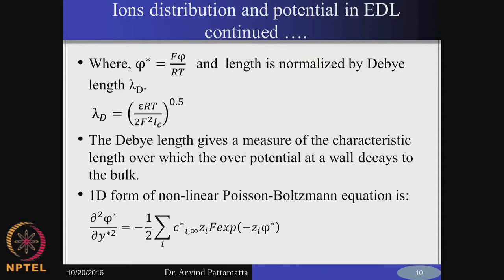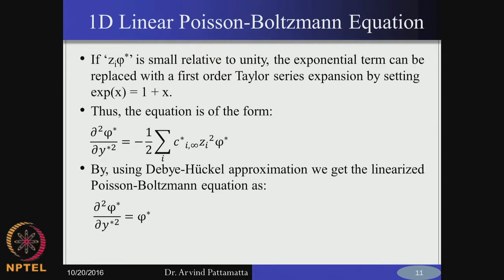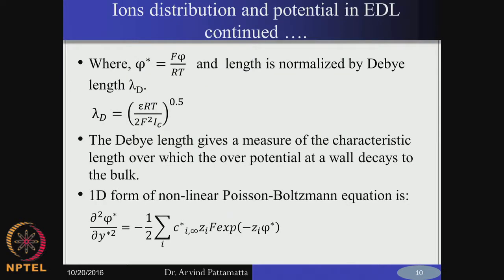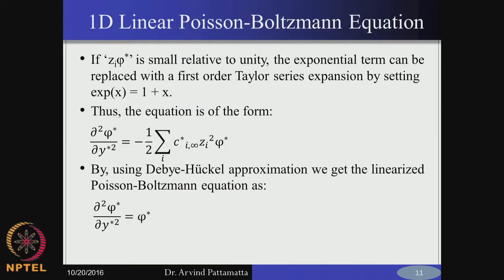Where is f? I think there is some problem with this formulation here. I think there is an f missing, and also this should be 1 plus x. Yeah, I think there is some mistake. Okay.